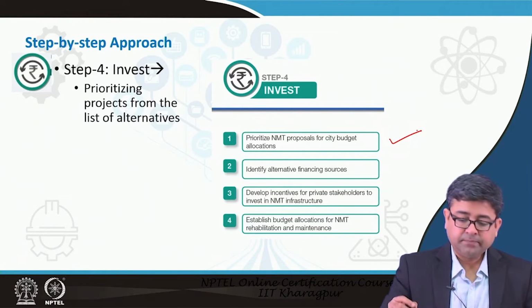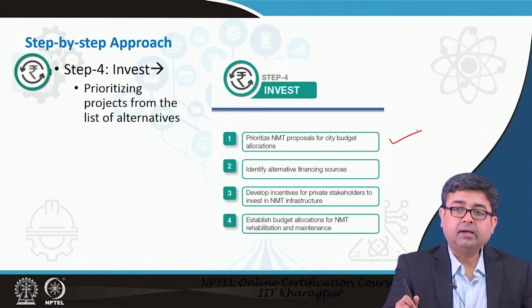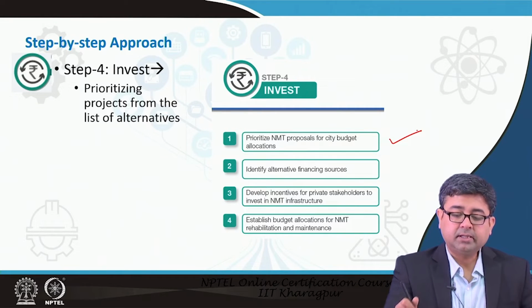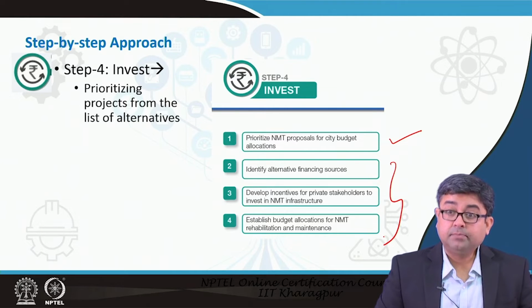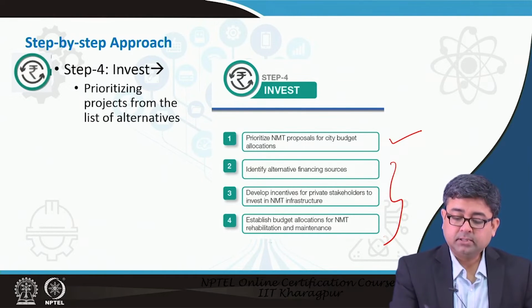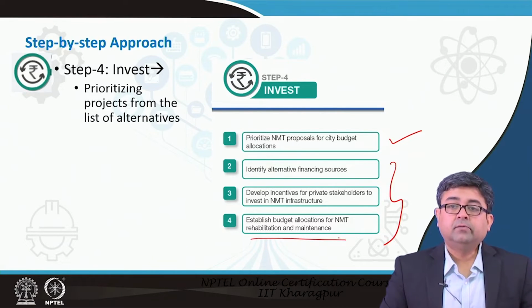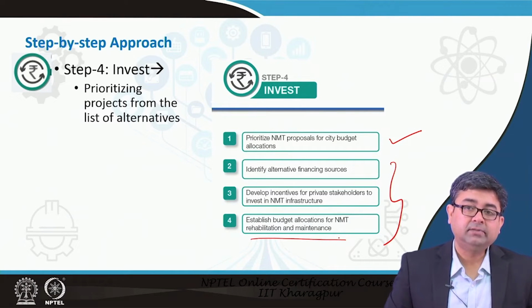Now, for investing and putting money in the city budget, how do you prioritize these projects? And then we will quickly look at how to identify alternative financing solutions, incentivizing private investment, and also developing a budget for rehabilitation and maintenance, which is very important because what we are building we have to maintain as well.